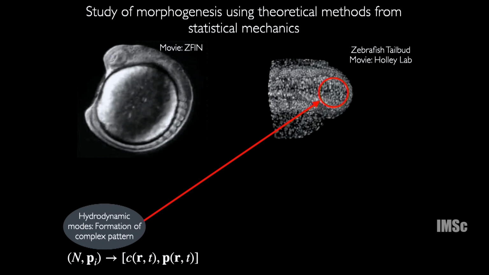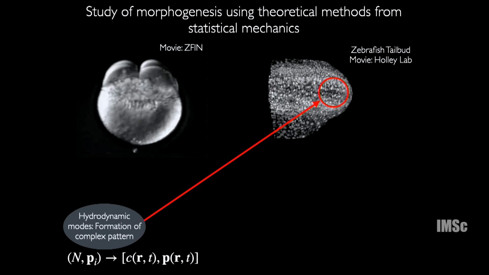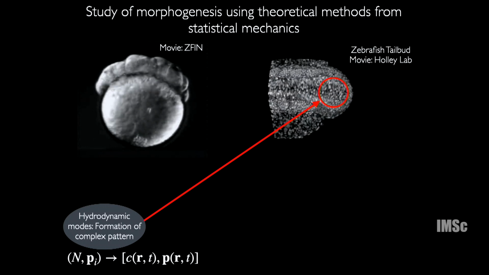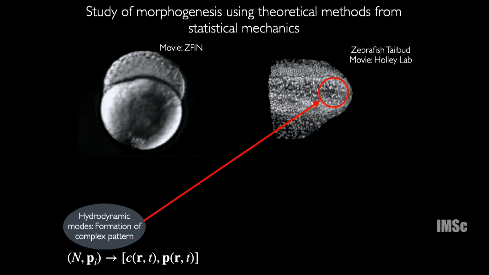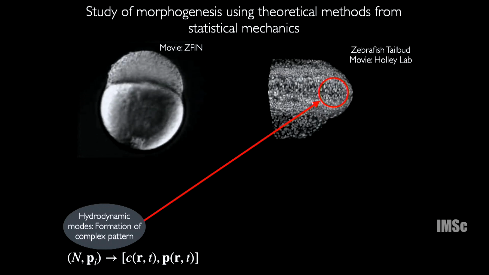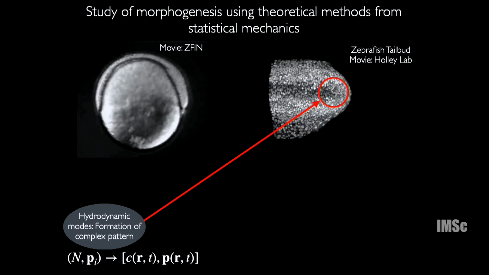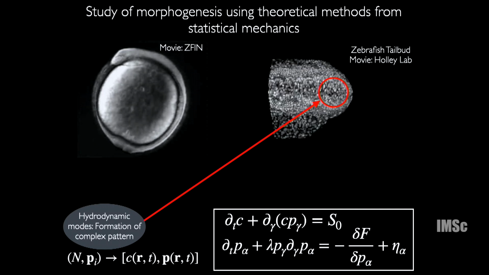In that case, you do something called coarse graining, and instead of looking at the fast time scale processes, you worry about the density, or some other macroscopic variable, here for example polarity, because the cells are moving in some direction, and then you try to write down some coarse grained equations. I have written down a representative coarse grained equation.